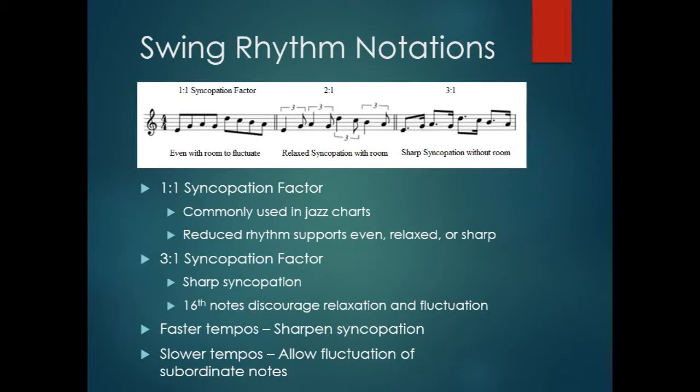And the 1-to-1 syncopation factor is commonly used, and this is the reduced rhythm. So it looks like even eighth notes, but like the cantillet rhythm has a different rhythm embedded within it. So with the 1-to-1 syncopation factor, you can fluctuate. You can play it evenly, you can play it as a relaxed syncopation, or you can play it sharply.